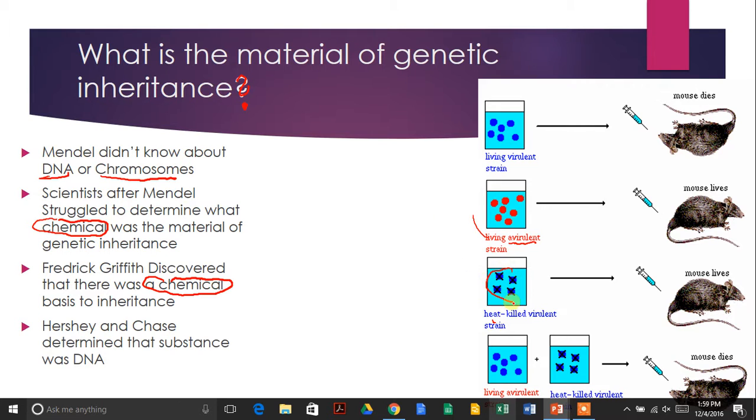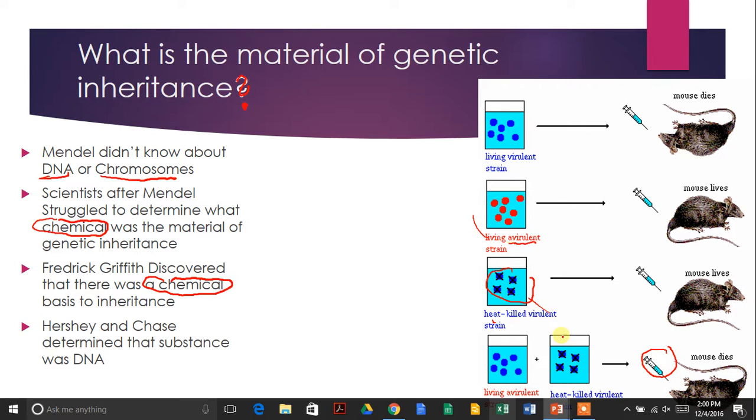This was dead. But what he did then is he combined some heat-killed virulent deadly strains of bacteriophage, a virus, with a living, not deadly strain. And when he injected a mouse with that cocktail, it died.